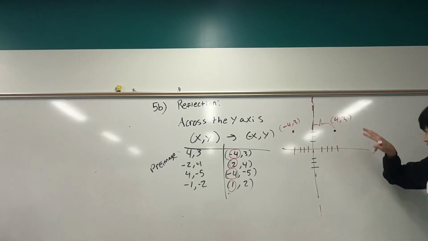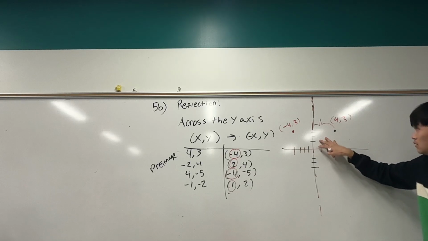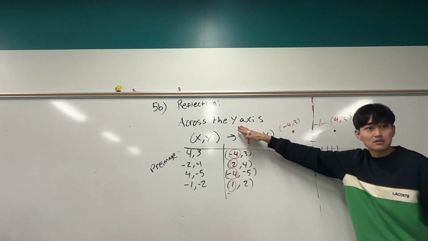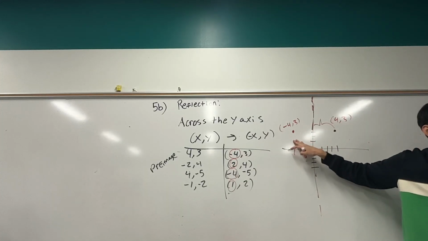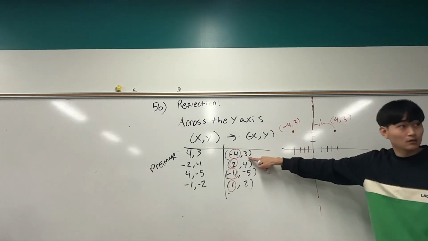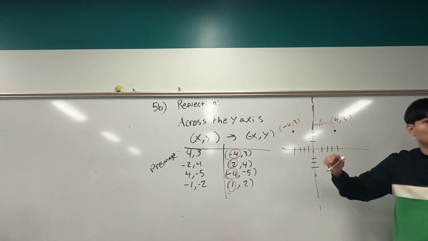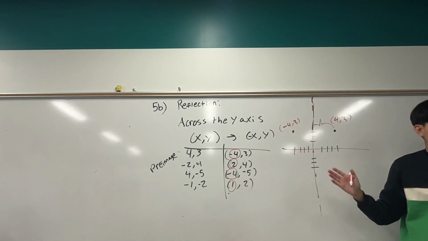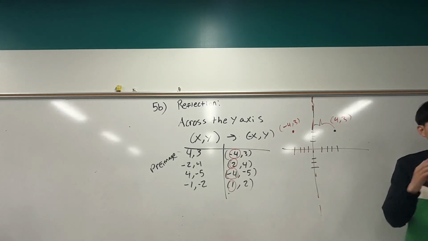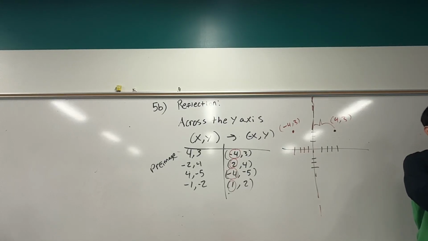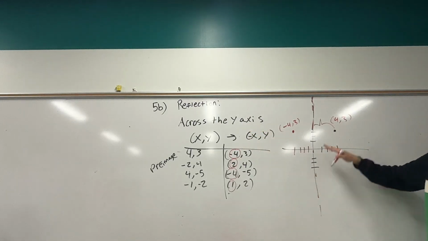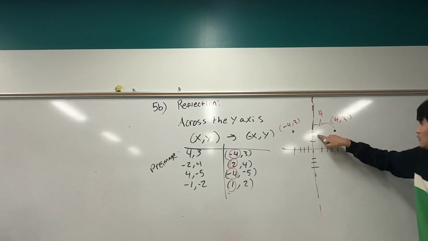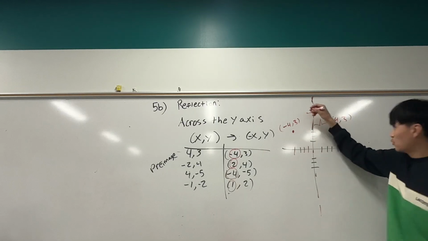So the same units across the y-axis, I count the same units on the other side. And did I get the same answer? I did. Questions? Make sense? Okay. So reflection is the same amount of units from the axis of symmetry. In this case, it's y. So if I did 4 here, that means when I flip it, I got to do 4 on the other side, right?